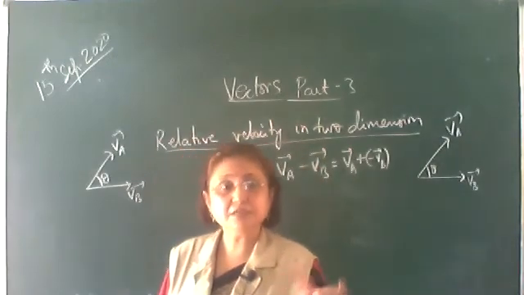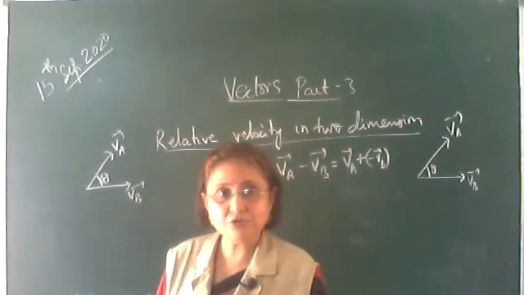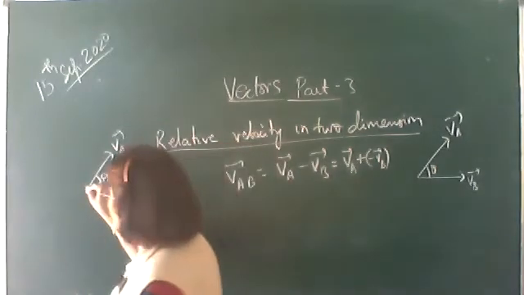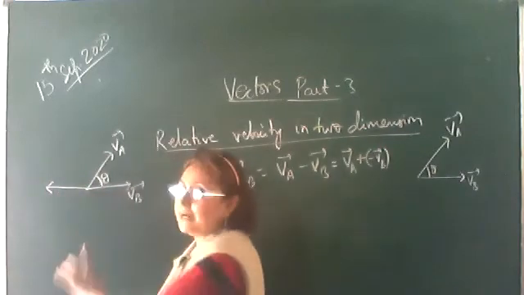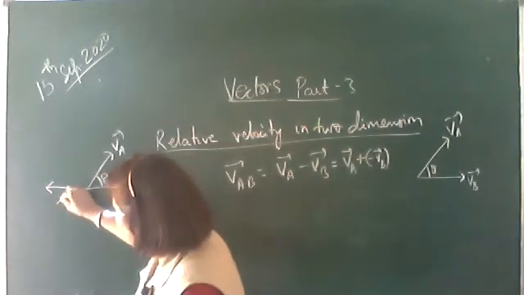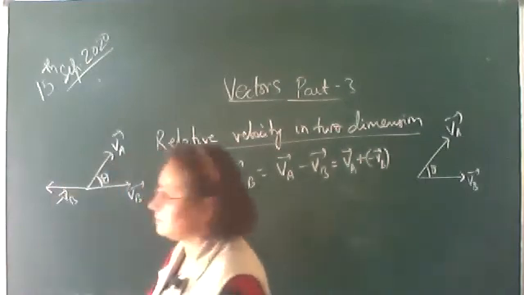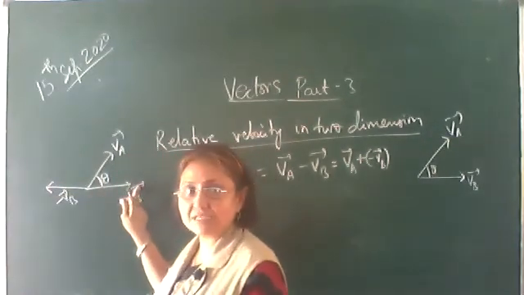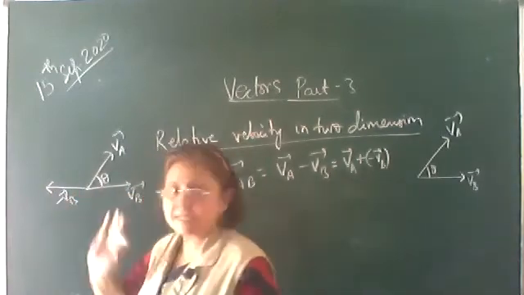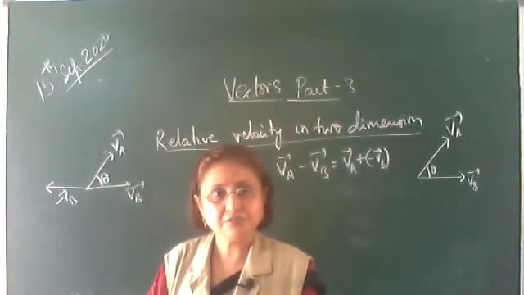Minus VB vector, same length, same magnitude, opposite in direction. So here we draw the same length line but opposite in direction. Which vector is this? This is minus VB vector. Is it clear? VB vector is acting along this direction. Minus VB vector, same magnitude but opposite direction.